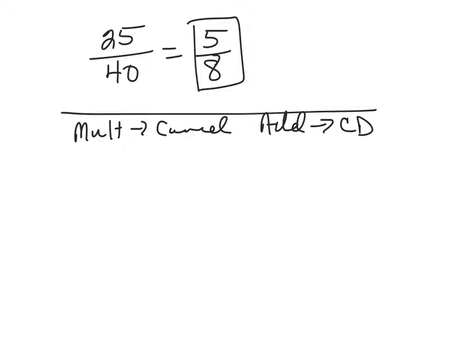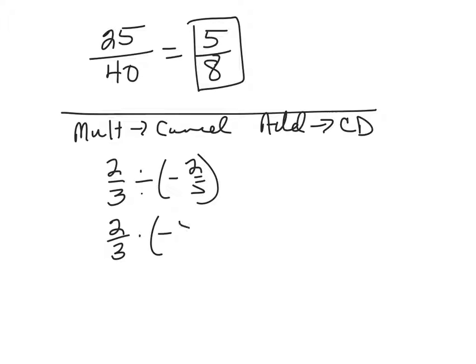So when we consider this next problem, 2/3 divided by negative 2/5, we know if it's division that we're going to flip the second one and multiply. So that's the same thing as 2/3 times negative 5/2. And that's a cancel problem because it's a multiply problem.